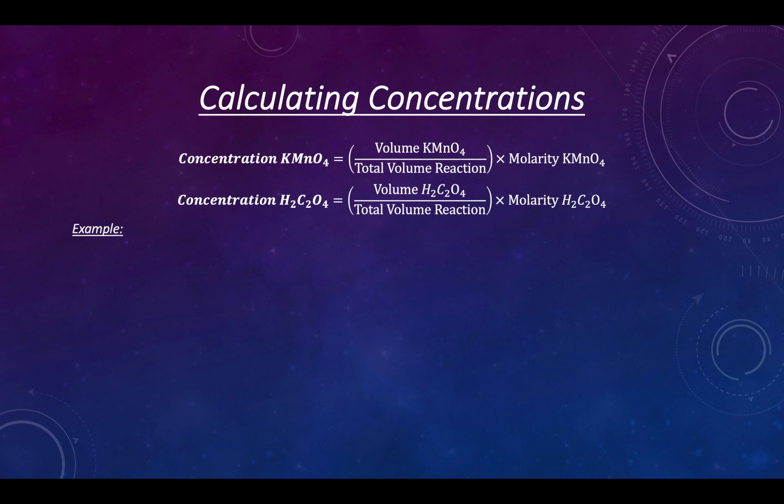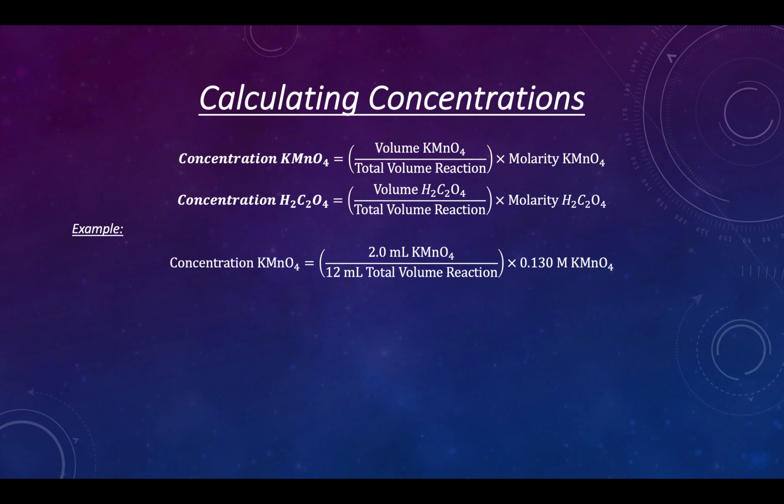In our first example, we see the concentration of potassium permanganate, which is going to be equal to 2.0 milliliters of potassium permanganate divided by 12 milliliters of the total volume reaction. This is including the water, the acid, and the permanganate, times 0.130 molarity potassium permanganate, which was the given molarity.